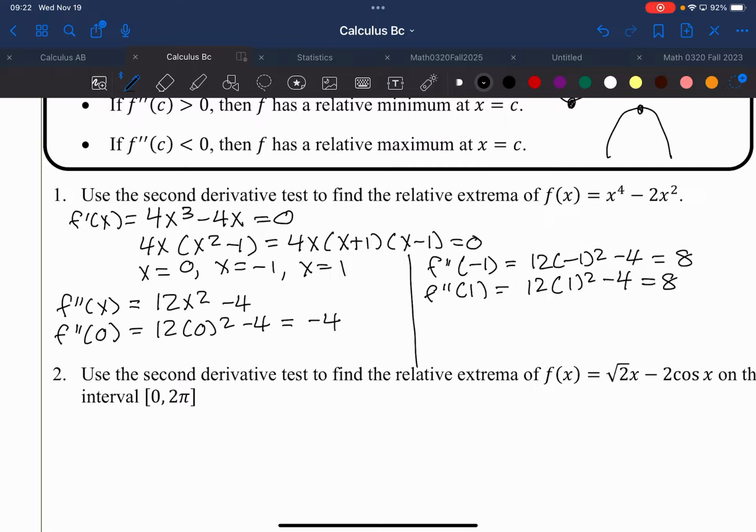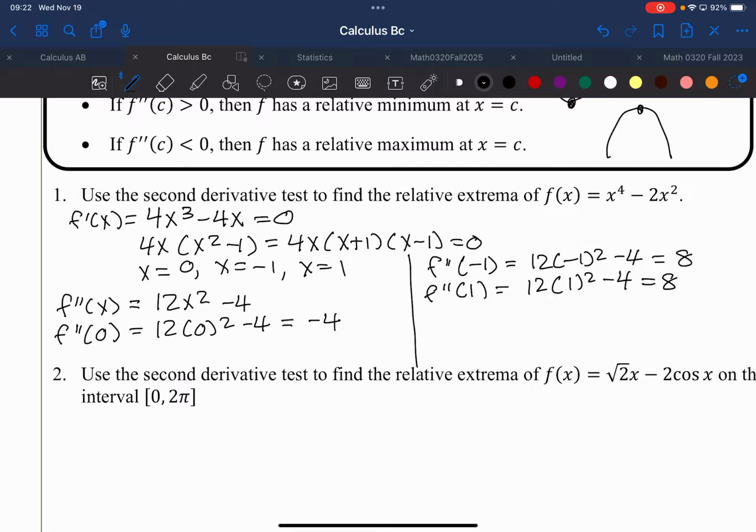Okay. So then based off the values we got, which one would be our relative max? At x equals 0, why? Good. Because, okay, we could say because it's concave down, and also the second derivative is negative.